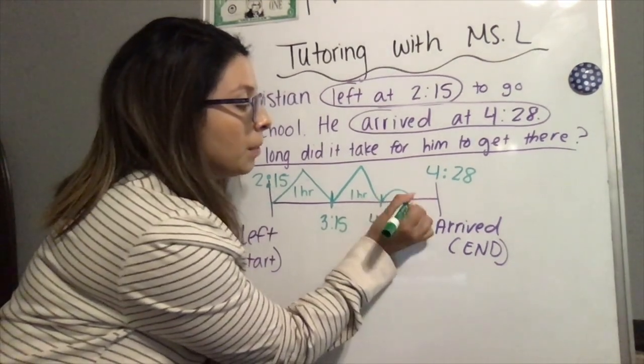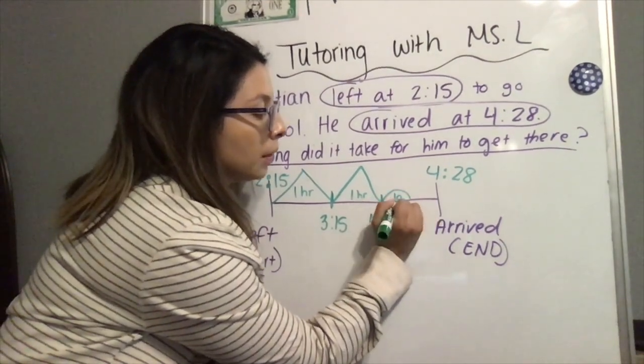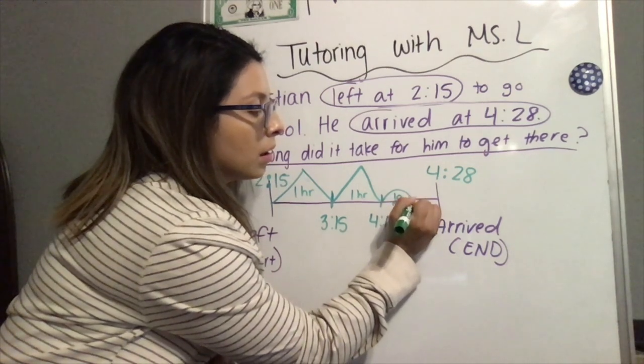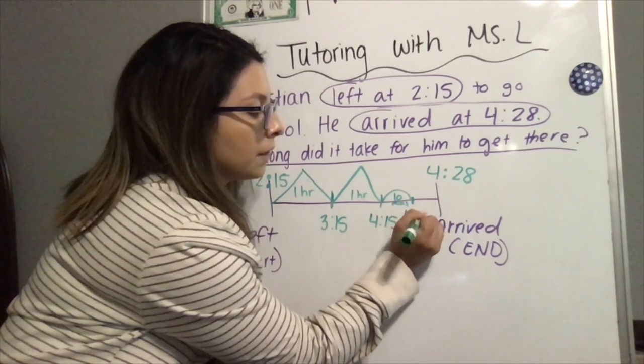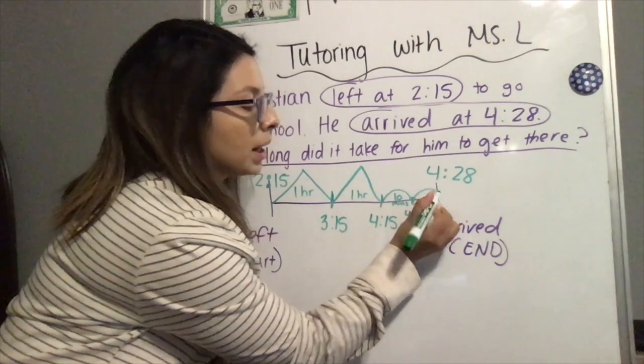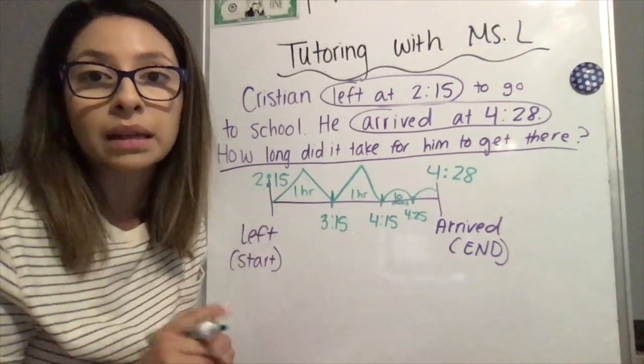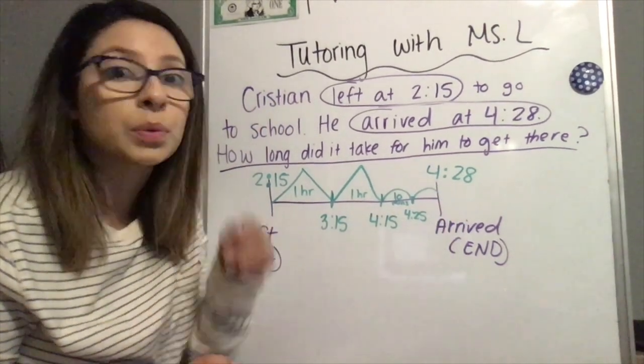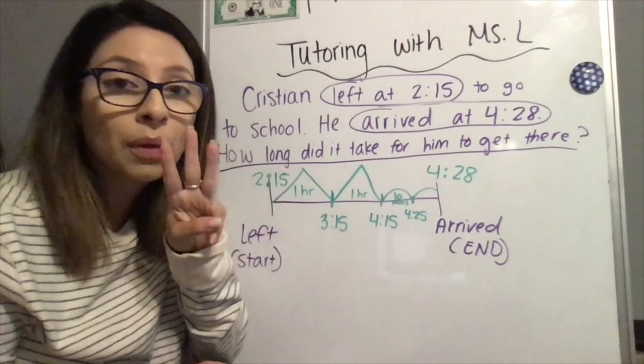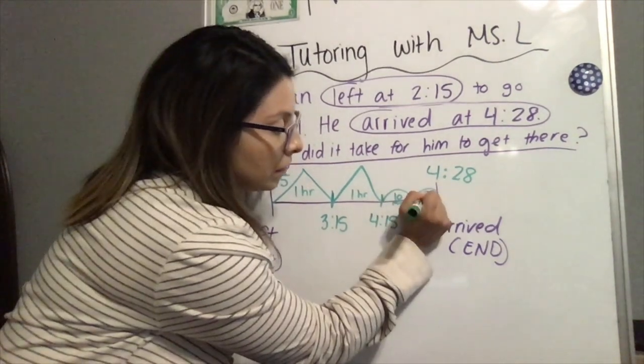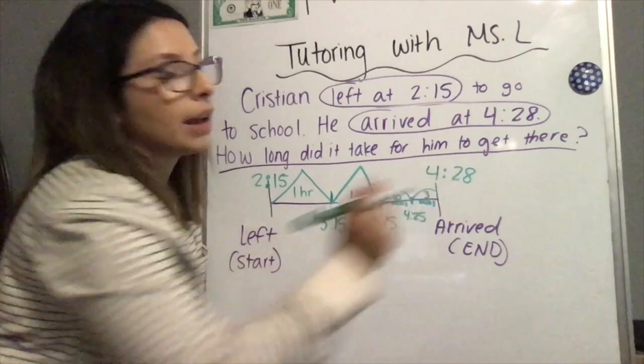So I'm going to jump over 10 minutes, and you could write minutes underneath. That will be 4:25. And then you're going to count up to 4:28. So 4:25, 4:26, 27, 28. Hopefully we know that's 3 minutes. And he finally got there.